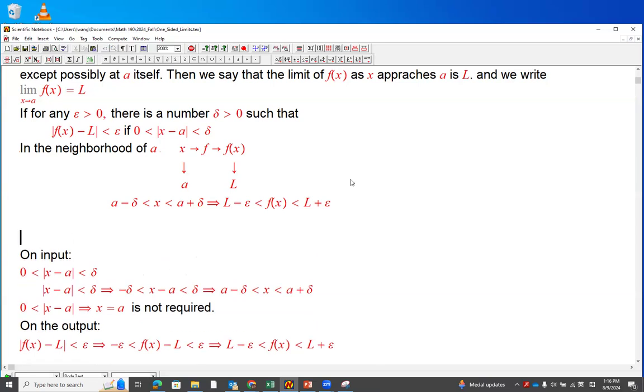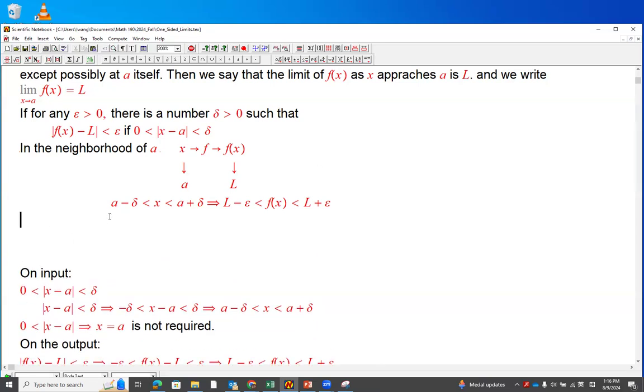So now let's interpret what that interval really looks like. Let's draw a number line. So there's an a here, and a minus delta, where delta is a positive number. We put a minus delta right here, and over here is a plus delta.